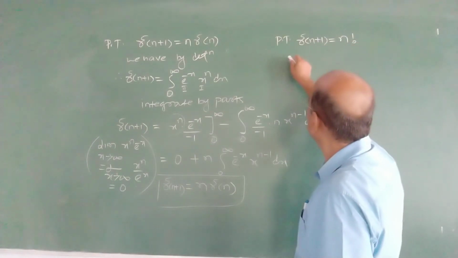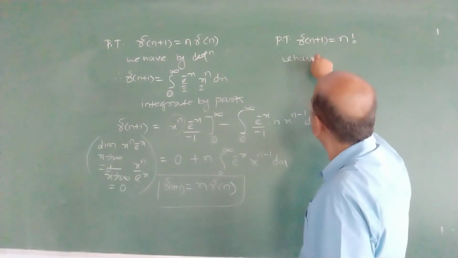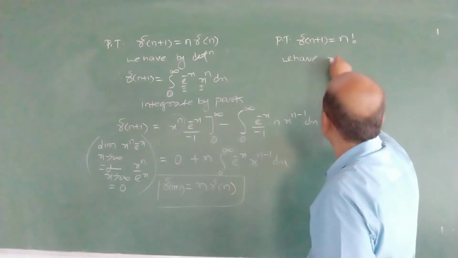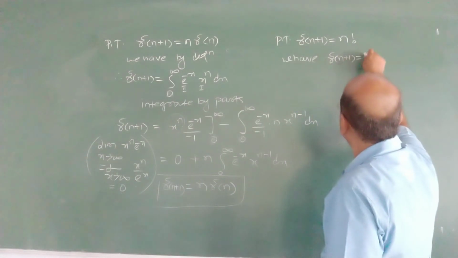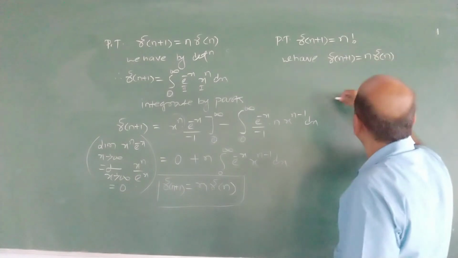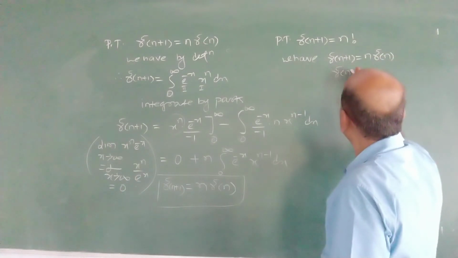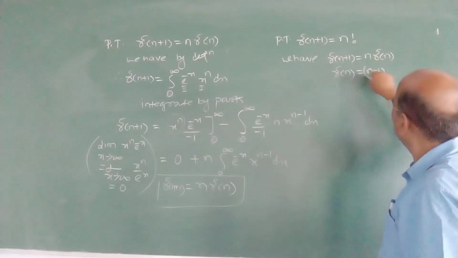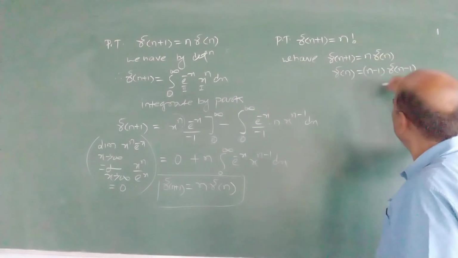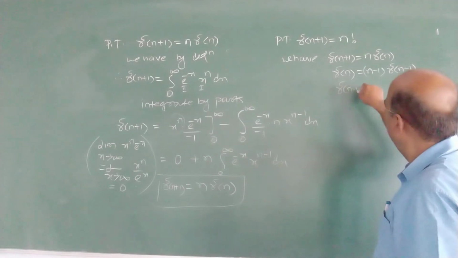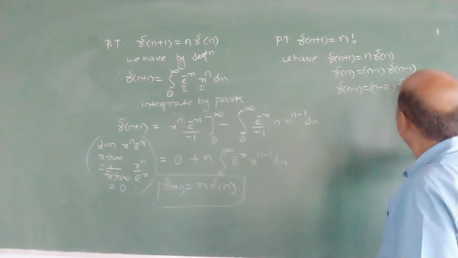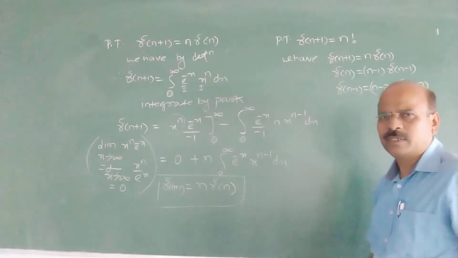Now to prove this, we have gamma n plus 1 is n gamma n. Therefore, gamma n is, replacing n plus 1 by n, n minus 1 gamma n minus 1. Gamma n minus 1 is n minus 2 gamma n minus 2. Correct?